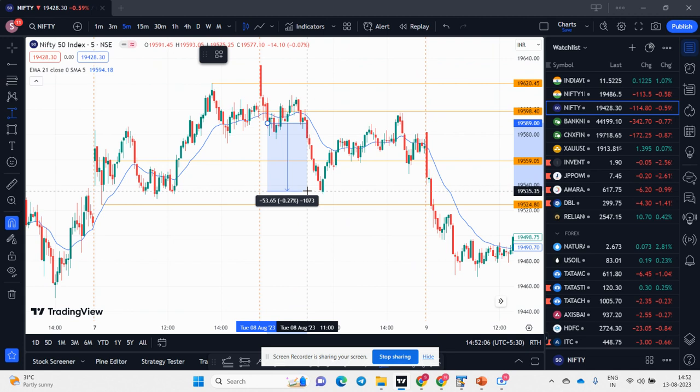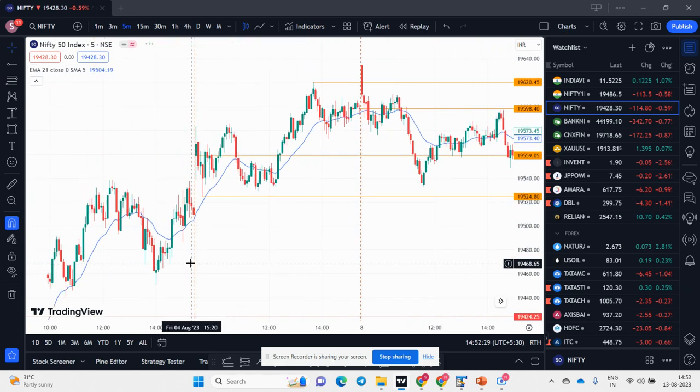So this is another day. If you strictly want to wait for this target of 60, it is just 5 points away, and the market has kind of reversed, right? So this is not a 100% clean setup, but at least a 90 to 95% clean setup.